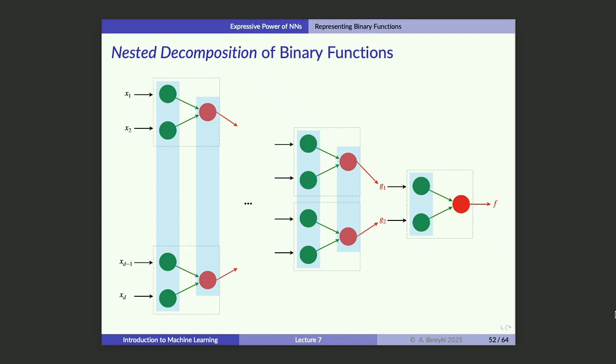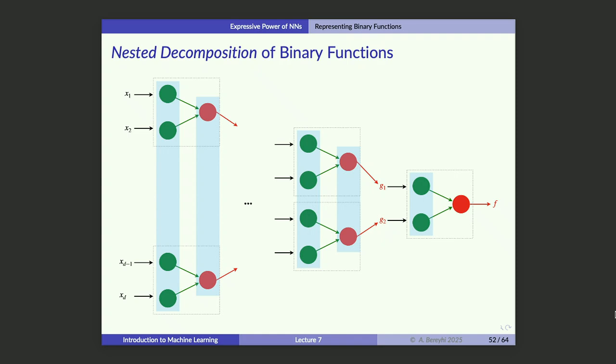I should get from 4 to 2, then from 2 to 1, right? So 4 divided by 2 divided by 2, right? If I have 8, I should get from 8 to 4, 4 to 2, 2 to 1, right? If I have 16, 16, 8, 4, 2, 1. If I have D, then this depth would be proportional to?